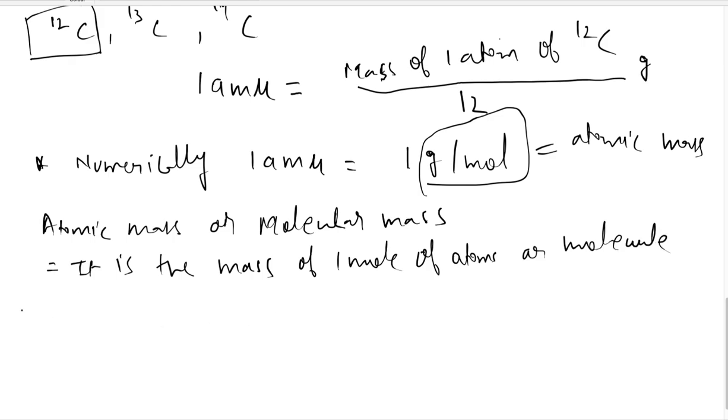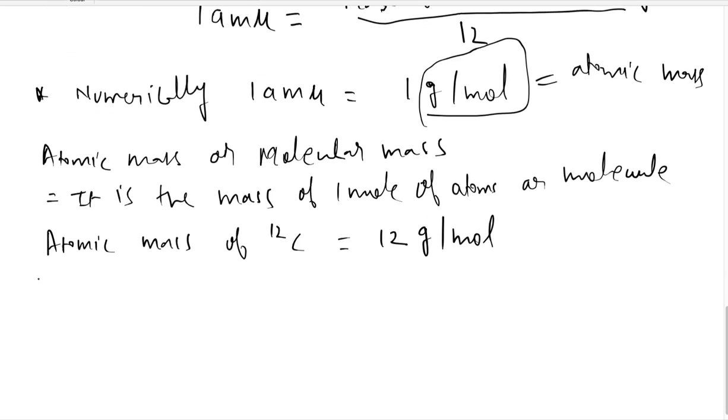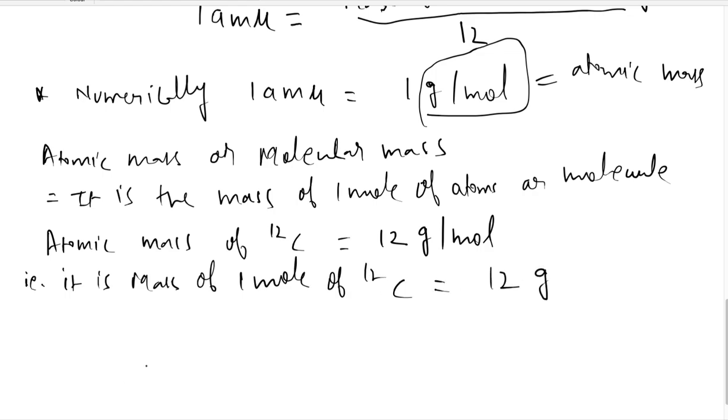Okay, so as per today's understanding, if I say that the atomic mass of carbon 12 is 12 gram per mole, what does it mean? It is not the mass of one atom, it is the mass of 1 mole of carbon. We already know it is the mass of 1 mole of carbon 12, which is 12 gram.